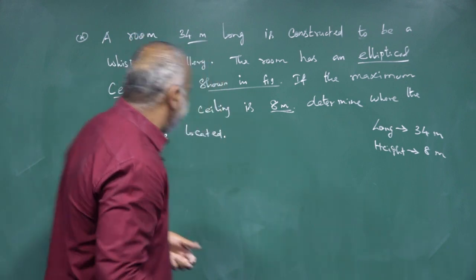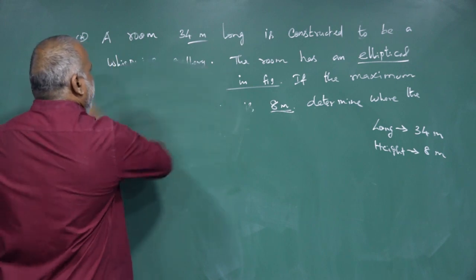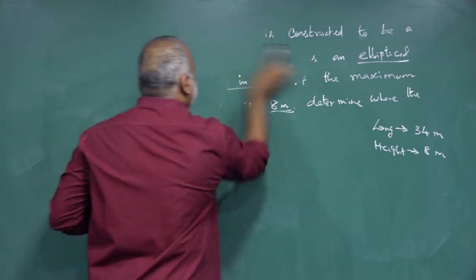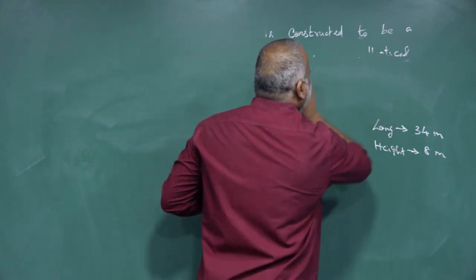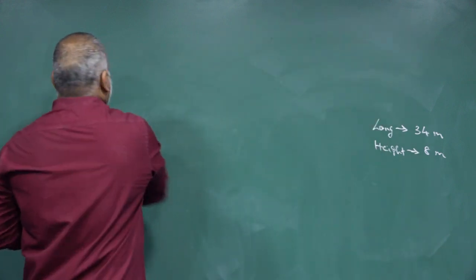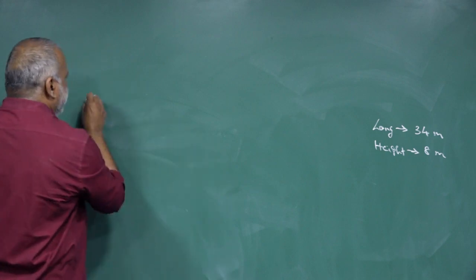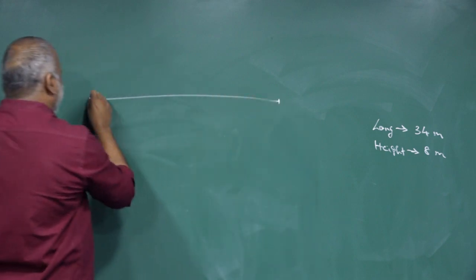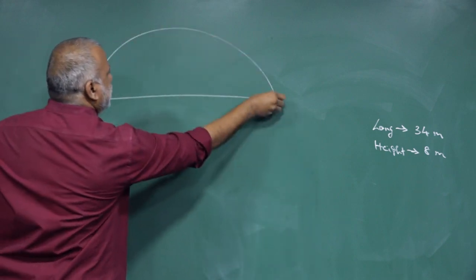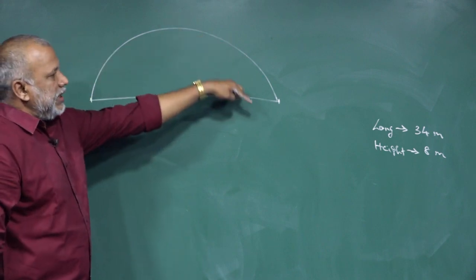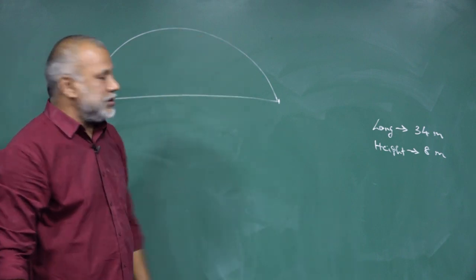See the diagram. An elliptical ceiling means the top portion of your room. This top portion is the ceiling, and this ceiling is constructed in an elliptical structure.